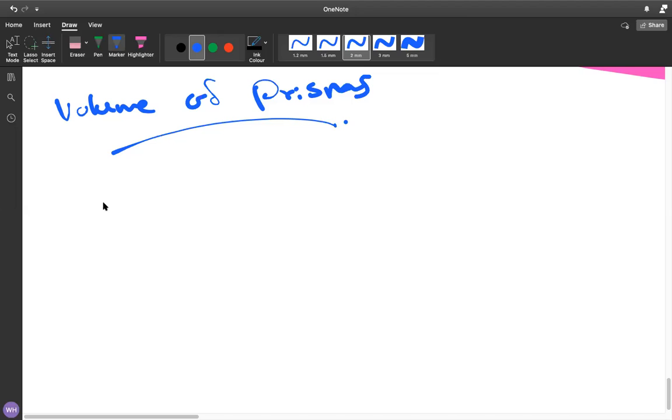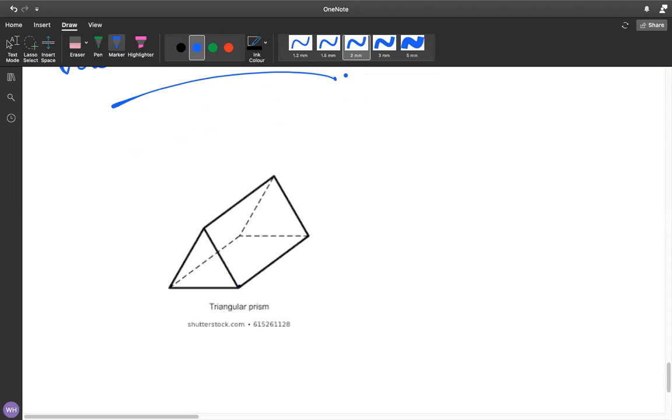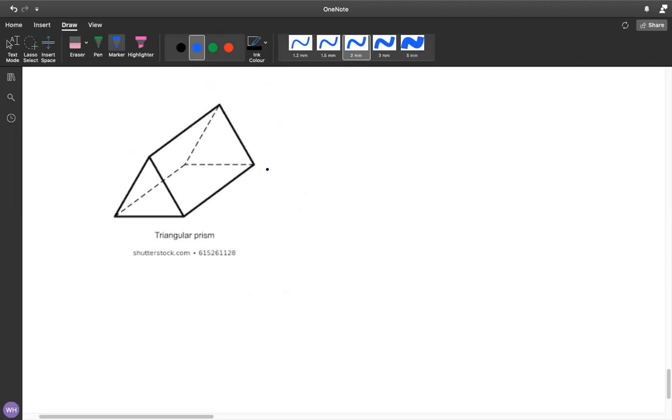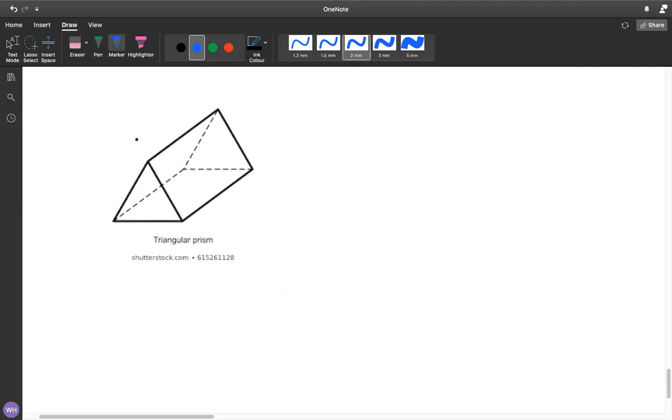Okay, so wait one moment. So here you get it. Here, this is a triangular prism. Can everybody see it? Yes. Right now, if you consider a triangular prism, here also you can use the principle of a cross-section area and then the corresponding length to find the volume of it.